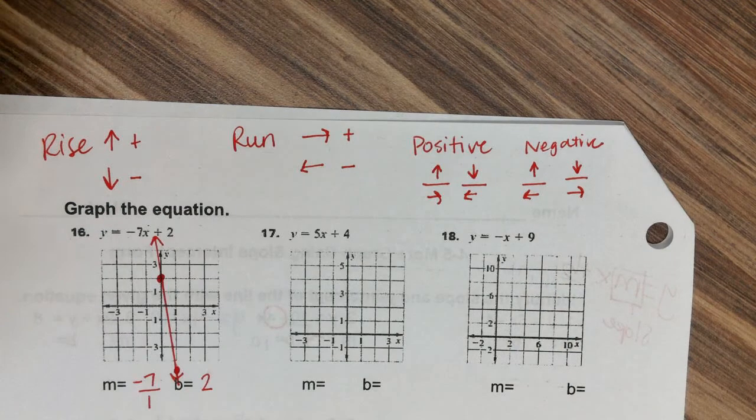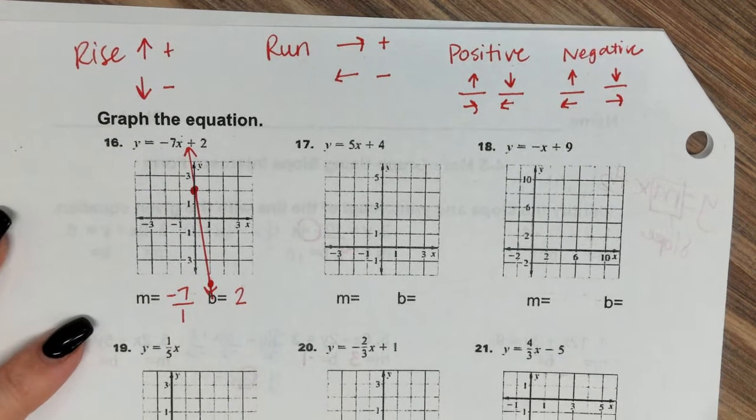Right. Those are your options. Everybody good with 16 through 21?